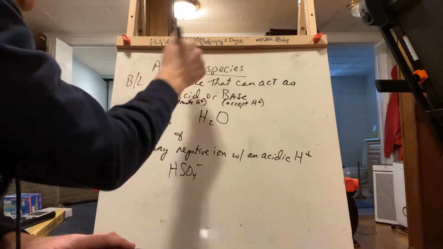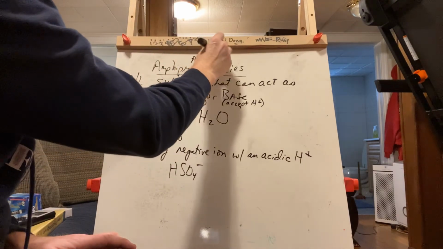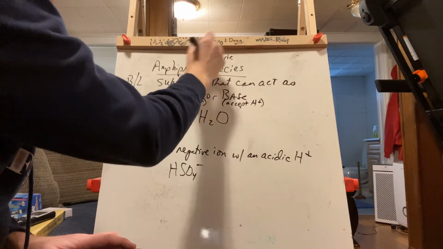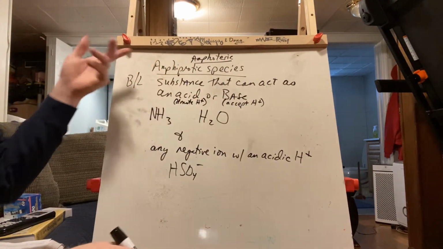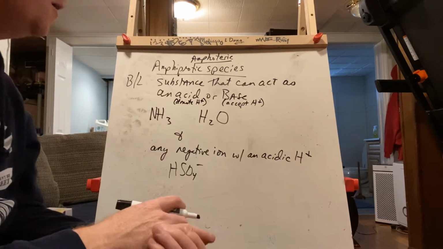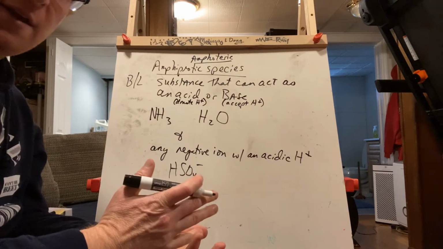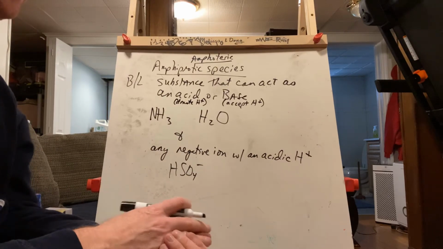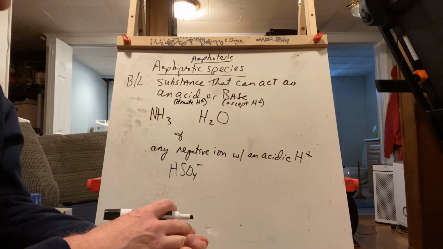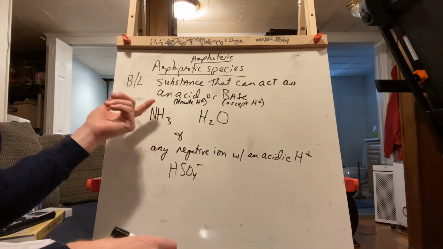By the way, sometimes you'll see the word amphoteric as well. Amphoteric and amphiprotic kind of mean the same thing. I usually like to think of it as an amphibian, like a frog that can live outside of water or inside water.